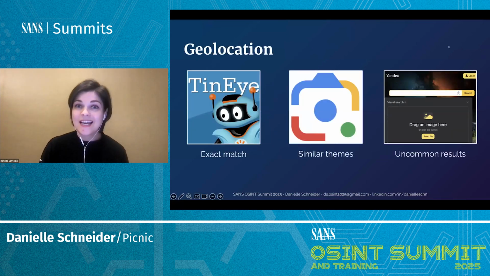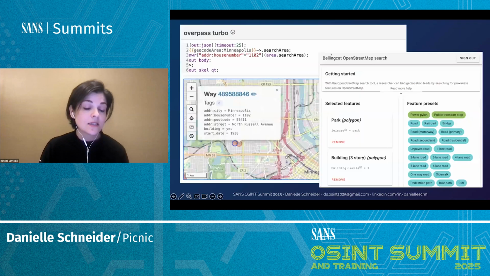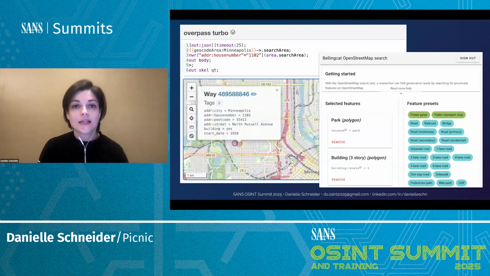How do people do that? If you're starting from absolutely nothing, TinEye, Google Lens, Yandex, these are all great reverse image tools. I found that each have their pluses and minuses. And then there is OpenStreetMap and the tools that have been built to search it, like Overpass Turbo and Bellingcat's tools.